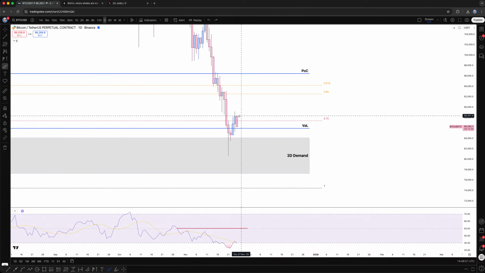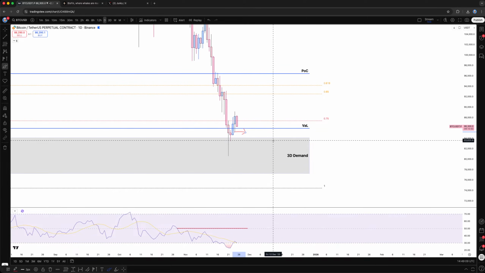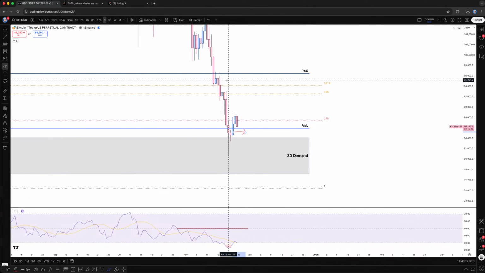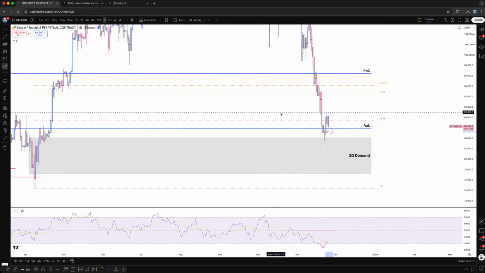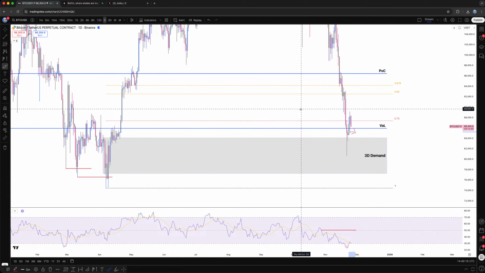We will see how the daily evolves, but I think if this daily candle starts to trade below this low here, then we'll see what that low is also. This is by no chance a sort of V-shape recovery.